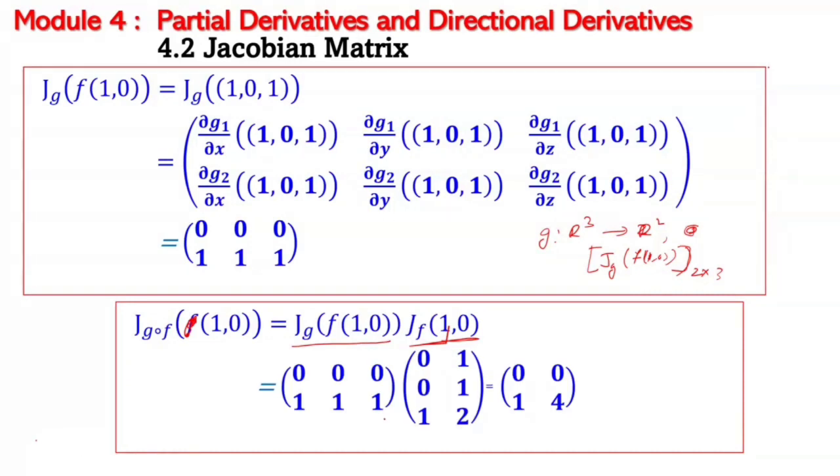We got this matrix, 2 by 3, and this is 3 by 2. So the product is well defined, and if we take the product we will get a 2 by 2 matrix 0 0 1, and this is the Jacobian of g composition f at the point (1,0).